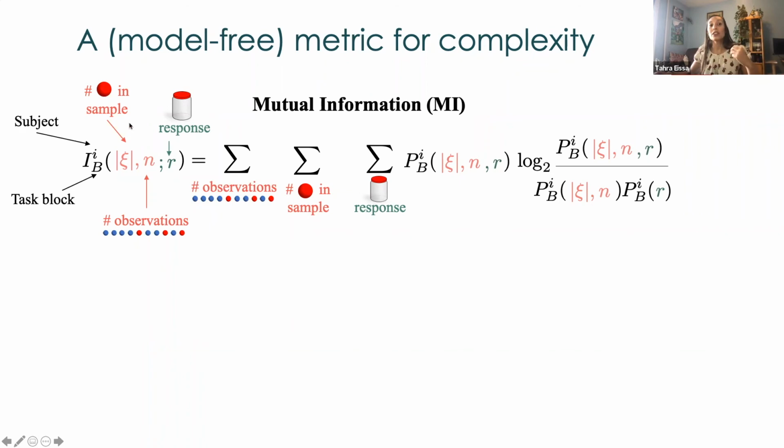When we're talking about this metric for complexity, you'll notice that I'm now reducing this; it's model free. So we're only going to consider elements that are relevant to the evidence. Here, we describe mutual information in terms of the number of rare balls seen in a particular sample, the number of observations total, and the choice. What is the response? What jar did you choose?